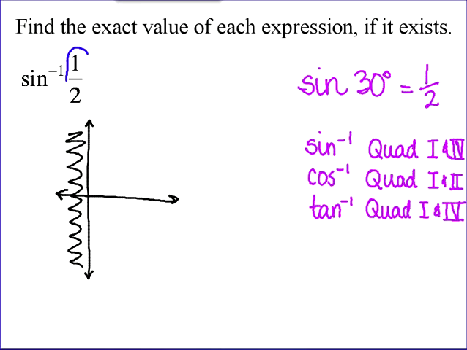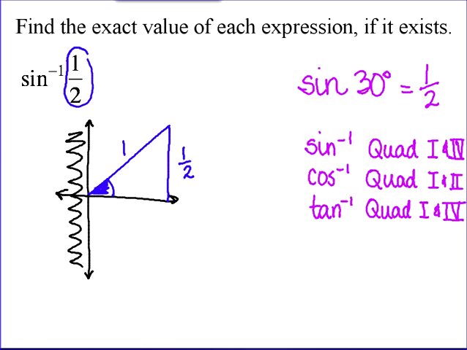This here is positive. So what quadrant is my triangle going to be? 1. So what I'm going to do now is draw a triangle in here. Just draw a triangle, doesn't have to be any certain size. Sine is defined as opposite over hypotenuse, so I'm going to write it this way. Opposite over hypotenuse. And so now I need to figure out what angle gives me that.